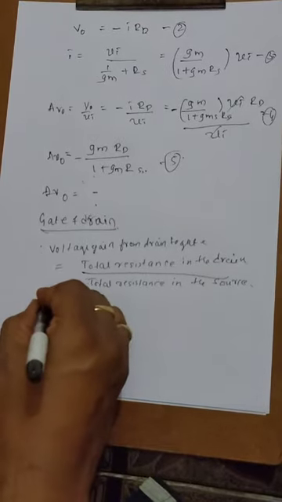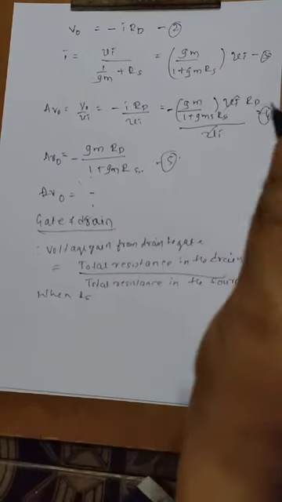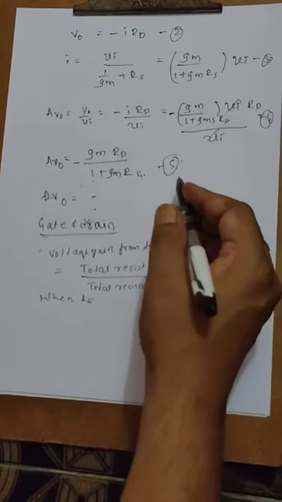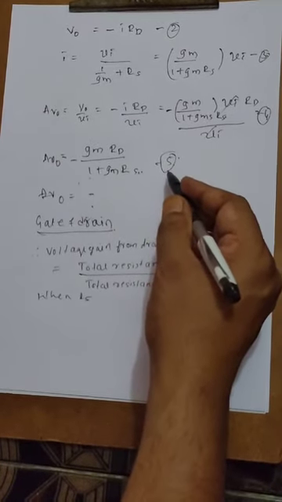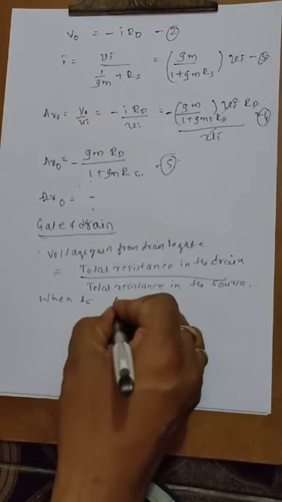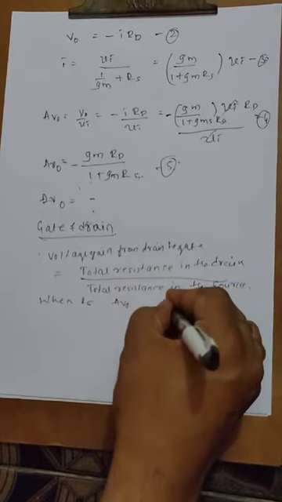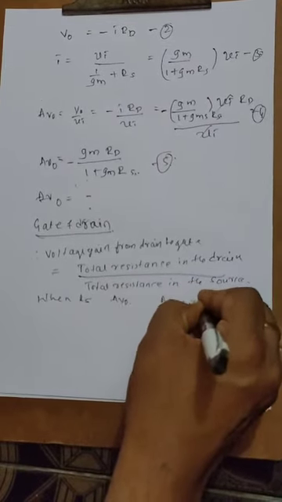When this Rs is equal to 0, then our equation 5 yields AV0, that is the open loop voltage gain of the common source amplifier, and AV0 becomes Gm into RD.